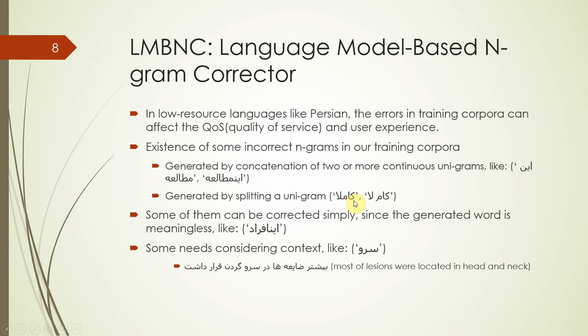In some cases, corrections can be made using simple rules, like in afrod, which is a meaningless word in the Persian language, and we know for sure that it has to be changed. But some need considering the context. For example, serve is a proper word for itself, but it can be a concatenation of sar and va.